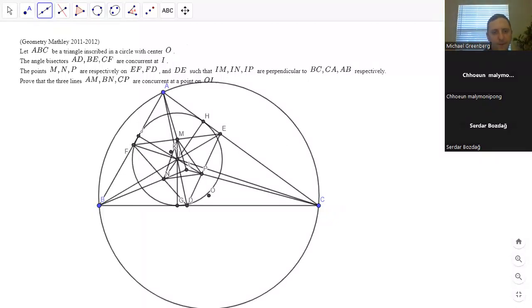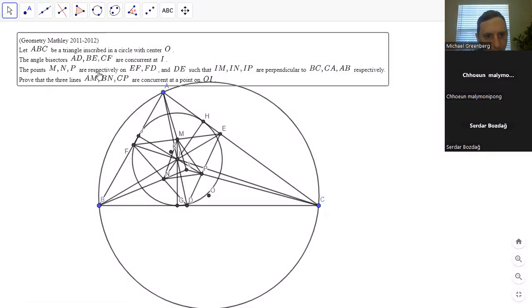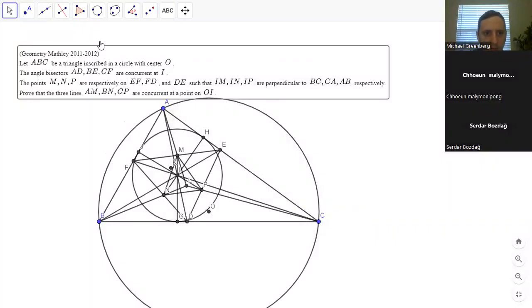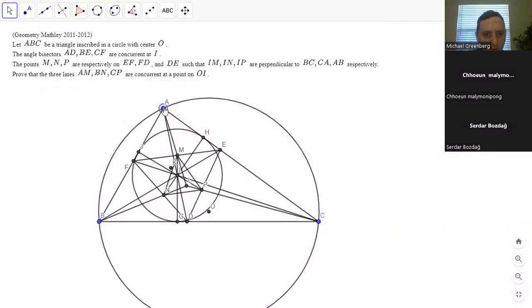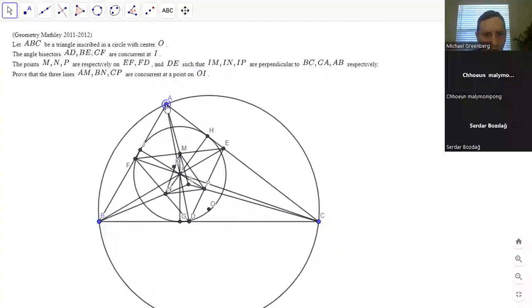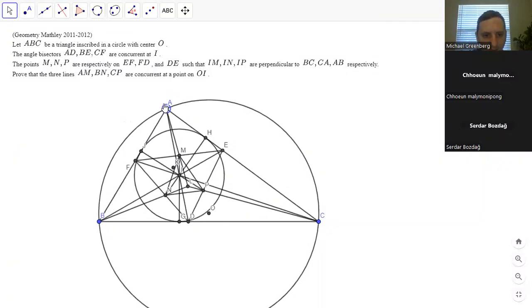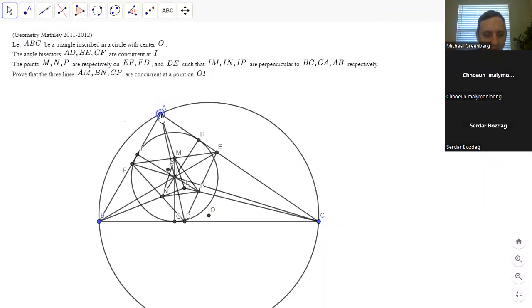KG. Oh, looks like K lies on MN. It's hard to draw a good diagram, but I think that's good enough.